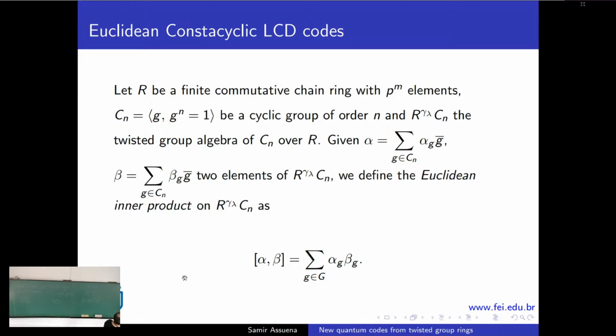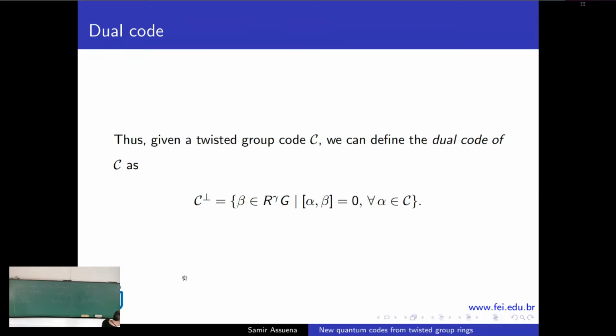And we can define, of course, if we have some twisted group code, we call a twisted group code any ideal inside the twisted group ring. Here we can think that the code is lambda constant cyclic.